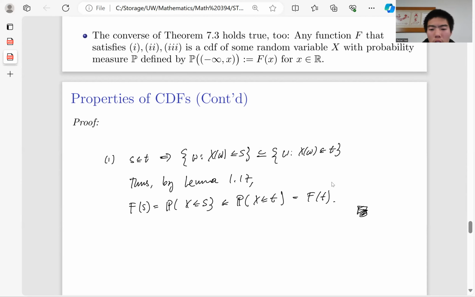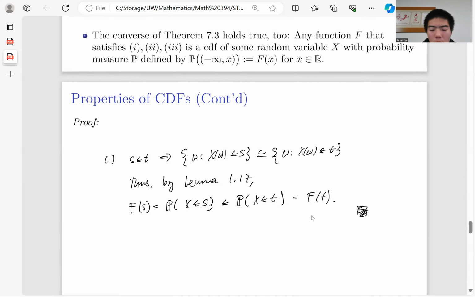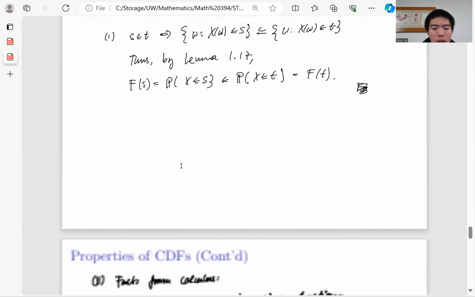So we can write the inequality to find that F(s) is always smaller or equal to F(t), which proves that it is monotonically increasing.